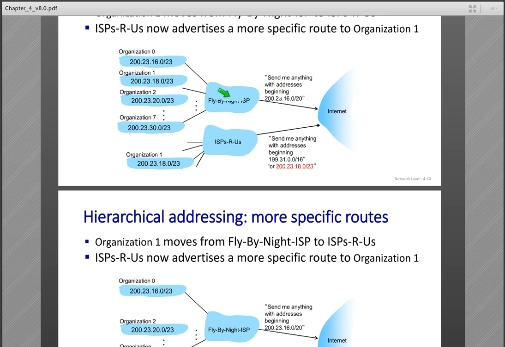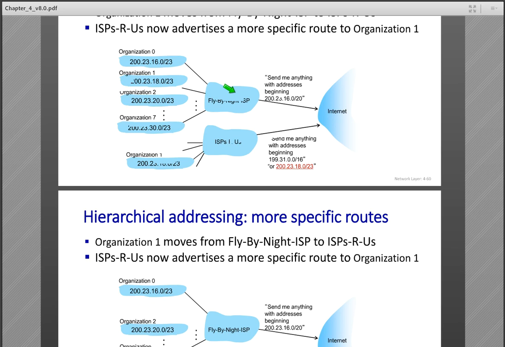One route from the top network can bring the packets into organization 1, and another route comes from another ISP. Directly it comes to organization 1. It means that organization number 1 is connected to the internet through 2 different paths.